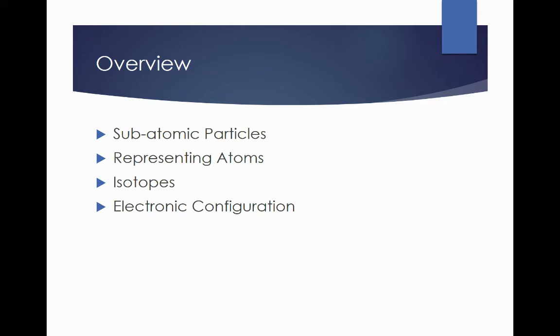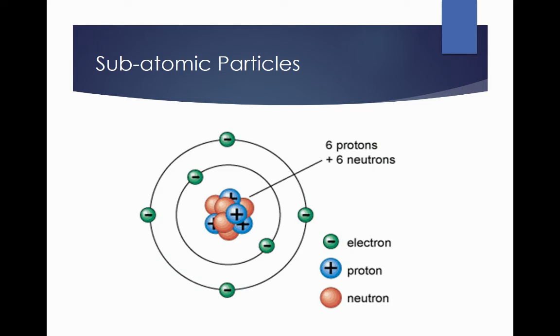Now, for a start, this is an example of an atom which is surrounded by electrons, and within the nucleus, there are protons and neutrons. The three particles that are so-called the subatomic particles will be the electron, proton, and the neutron, and they all have different properties.